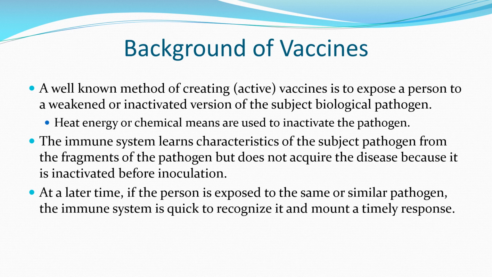The immune system learns the characteristics of the subject pathogen from the fragments of the pathogen, but does not acquire the disease because it's inactivated before inoculation. At a later time, if the person is exposed to the same or similar pathogen, the immune system is quick to recognize it and mount a timely response.